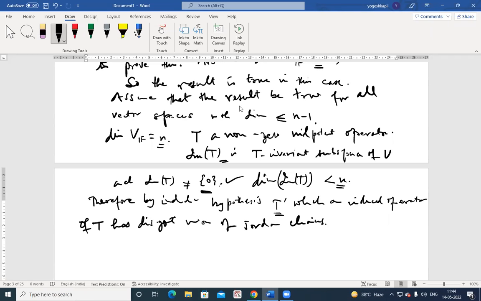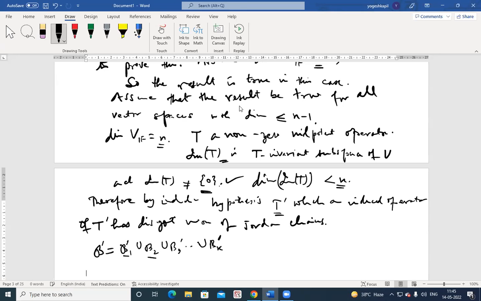and the dimension of image T is less than n. Therefore, this T dash has a disjoint union of Jordan chains on this vector space. Let those be B1 dash, B2 dash, up to Bk dash. So I can take B dash here, B1 dash union B2 dash union B3 dash and so on, union Bk dash.